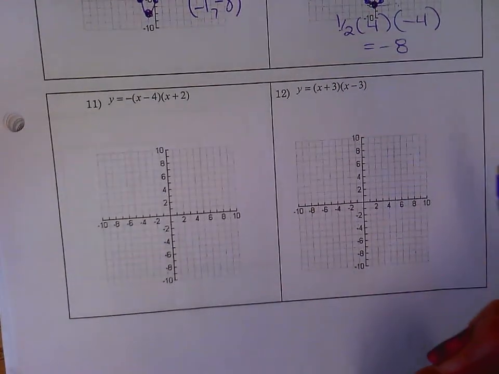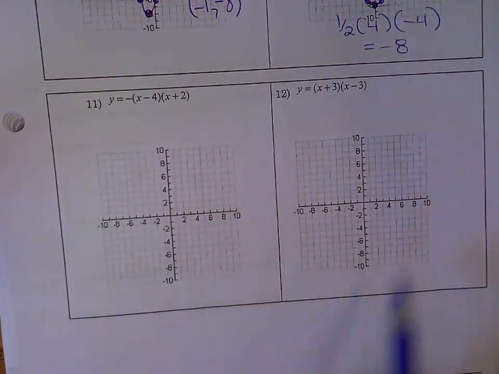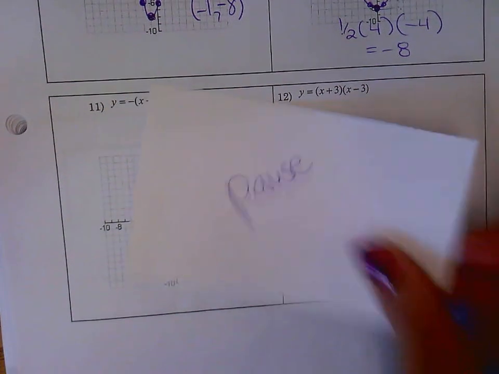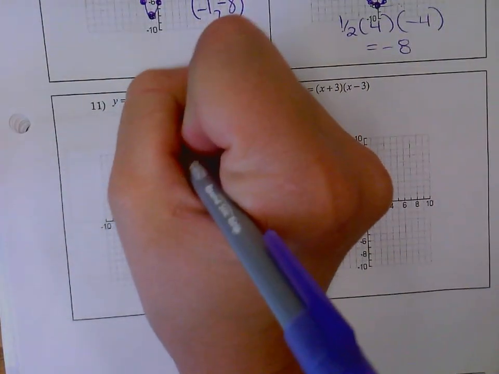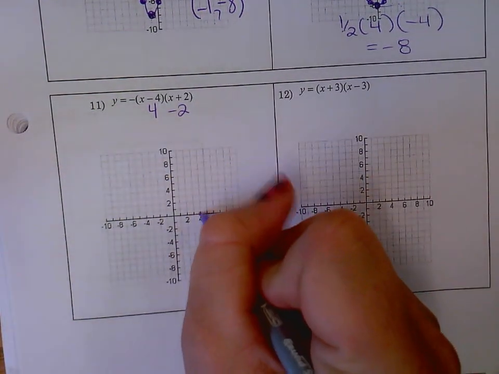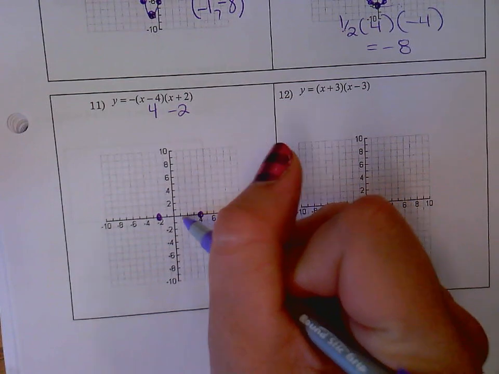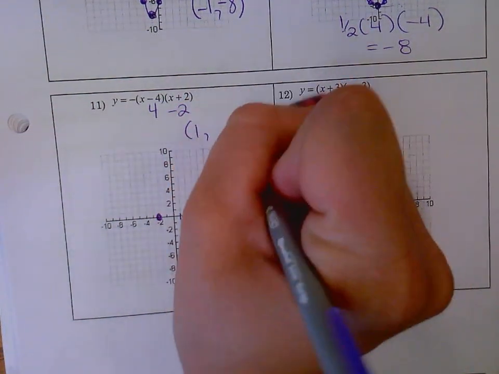All right, so number 11, I would recommend pausing and trying these two examples if you haven't yet. So my intercepts are at 4 and -2. Halfway in between would be at 1, so 1 comma.